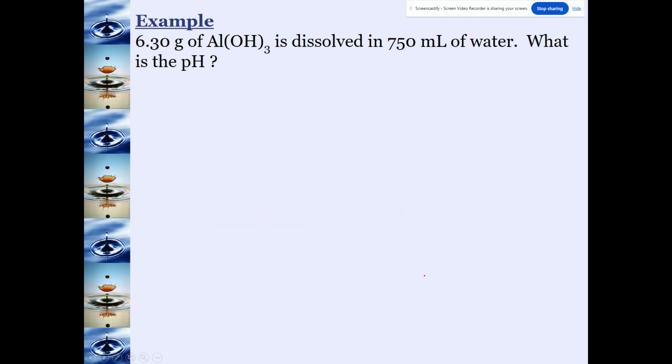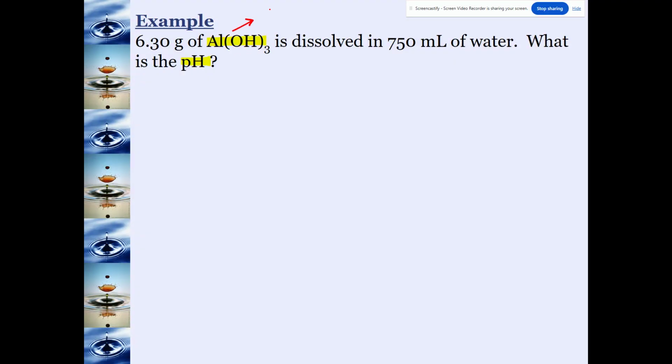Now, what if you have a question like this, where you are given a compound and you're asked to calculate either pH or pOH? Okay, now even though we're asked to calculate pH doesn't mean we have hydronium ions. You have to look at your compound.